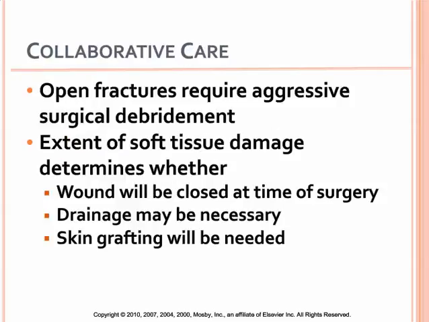Open fractures require aggressive surgical debridement. The wound is initially cleansed by pulsating saline lavage in the OR. Gross contaminants are irrigated and mechanically removed. The extent of the soft tissue damage will determine whether the wound will be closed at the time of surgery, or if drainage is necessary, or if skin grafting will be needed.